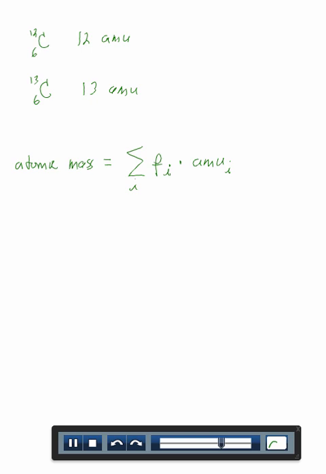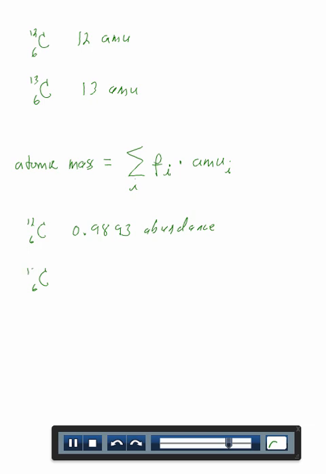We look up in a table and we find that carbon-12 has an abundance of 0.9893. So that just means that 98.93% of all carbon you dig out of the ground or find is carbon-12.